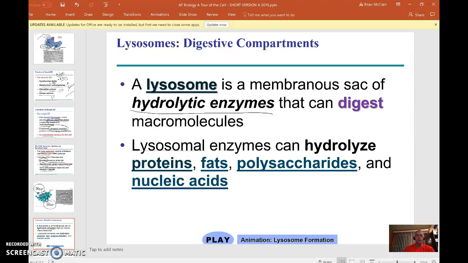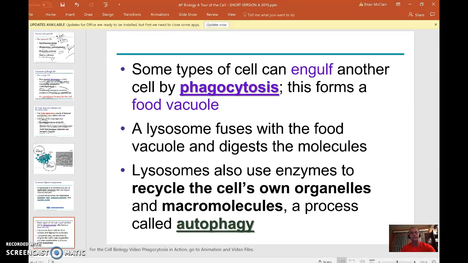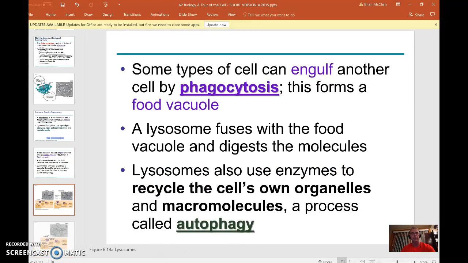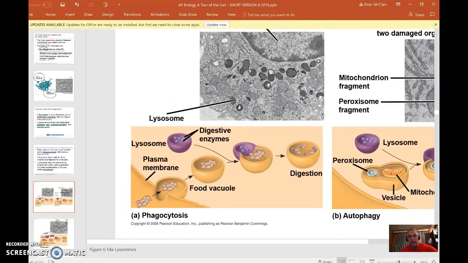And what they will do is they're going to help us metabolize things that are introduced into the cell, whether it's a foreign particle or a food item, or in some cases they're actually going to help with the cellular cleanup, if you would, of parts that are no longer functional. So if we look at this picture, we can see both things happening.